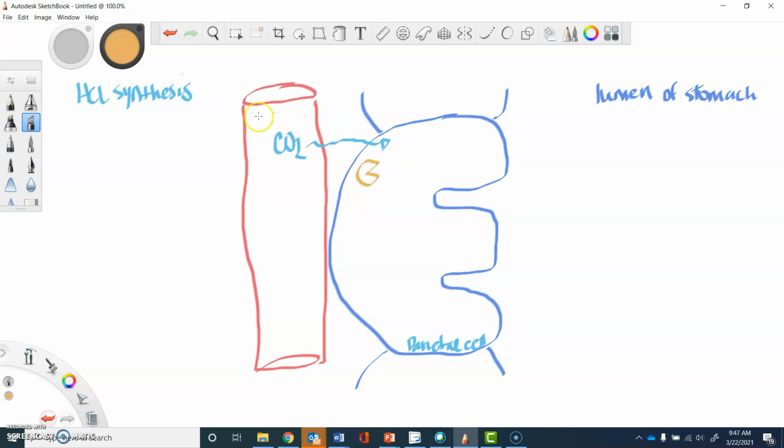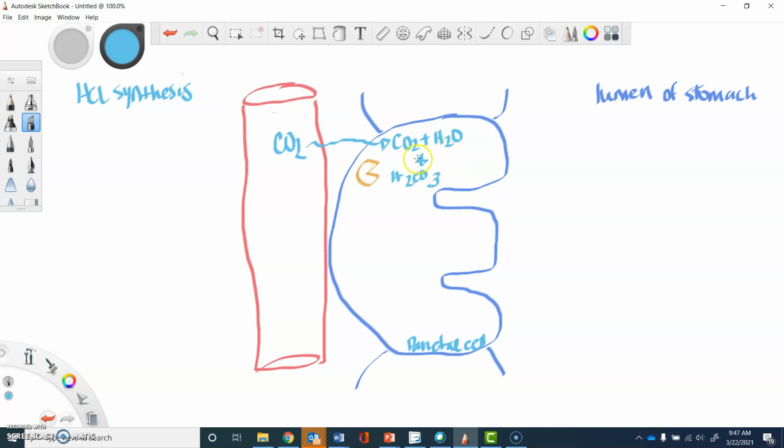So we're going to use that same old reaction that we saw in the respiratory system, where we have carbon dioxide and we combine that with water, and that gives us that weak acid, carbonic acid, H2CO3.